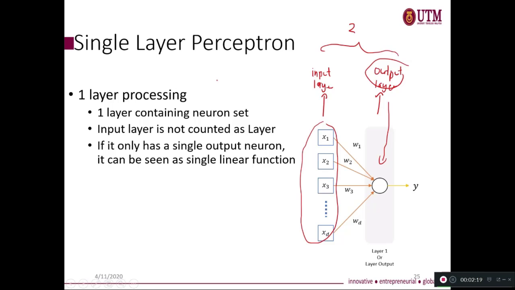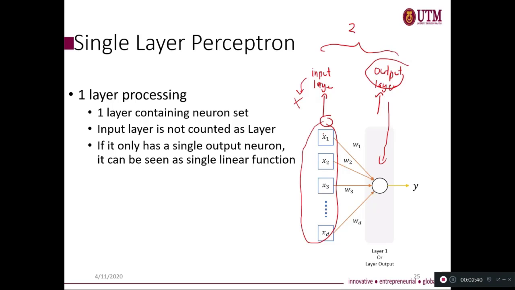So I don't want you to get confused if you refer to another source, where they call this one an input layer and this one an output layer. But in general, we don't count this as a layer because it doesn't have neurons.